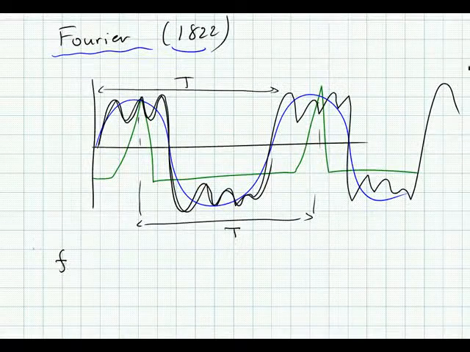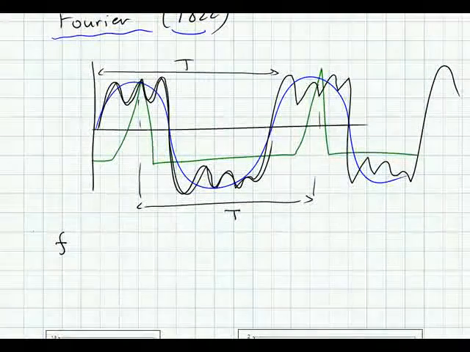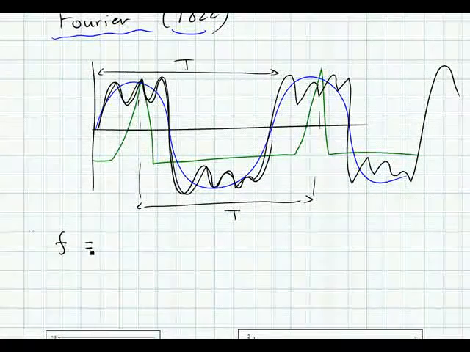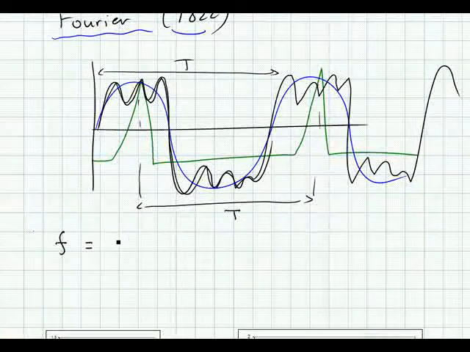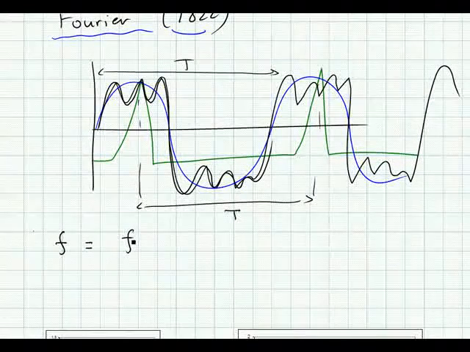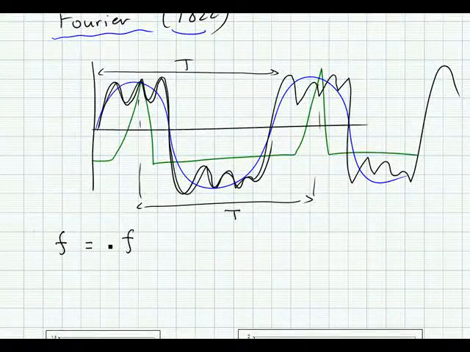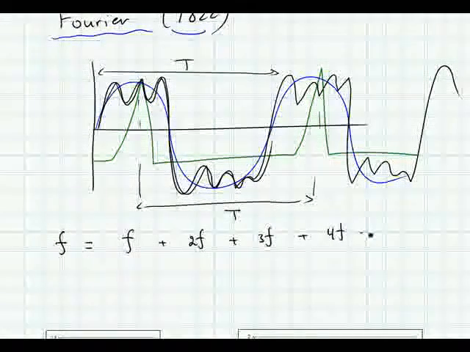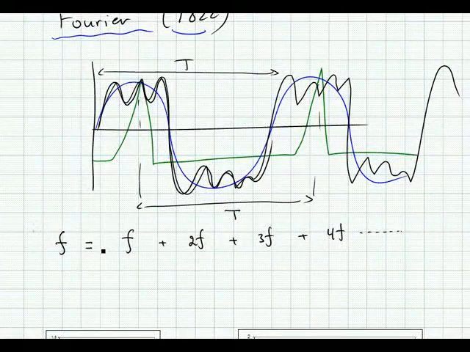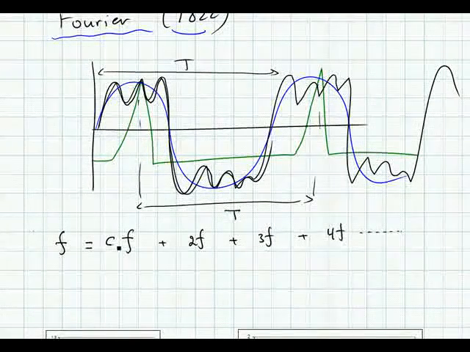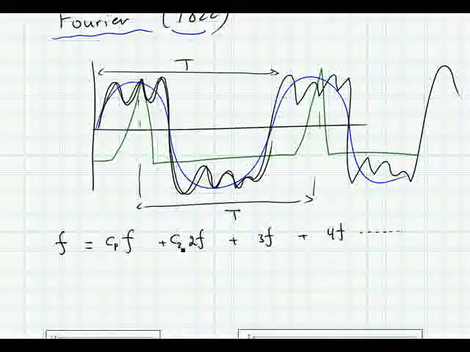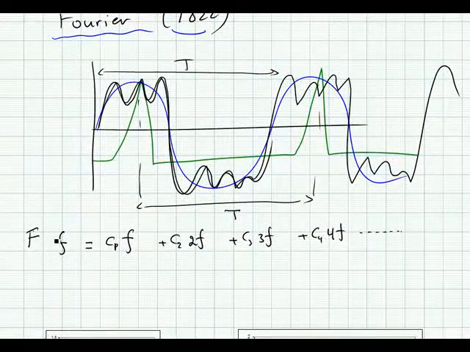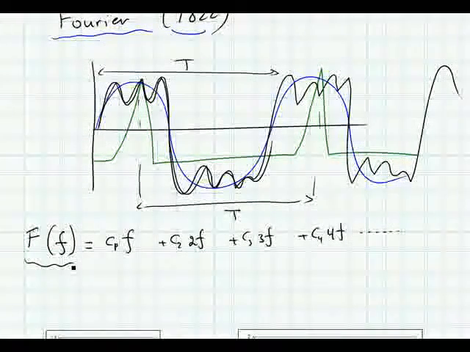So if we know that a motion is characterized by frequency f, then we can describe that motion in terms of a series of simple harmonic oscillations of frequencies f, plus the second harmonic, plus the third harmonic, plus the fourth harmonic, etc. So by giving the correct weighting factors, C1, C2, C3, C4, you can generate the original function that we had, which has a frequency f.